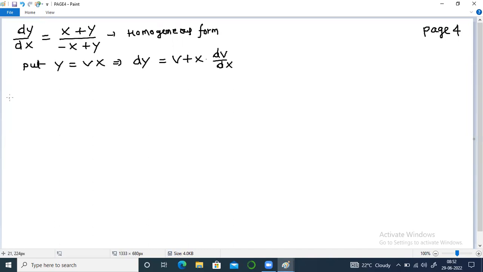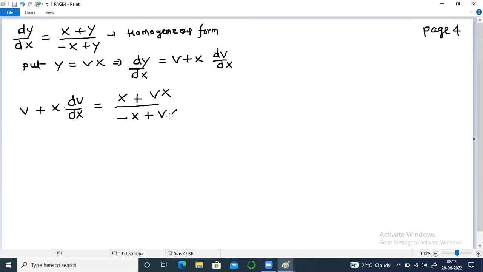So dY over dX is equal to v plus X into dv over dx is equal to capital X plus capital Y by minus X plus Y. Capital Y means v into capital X.